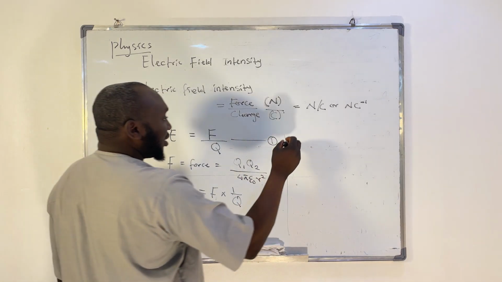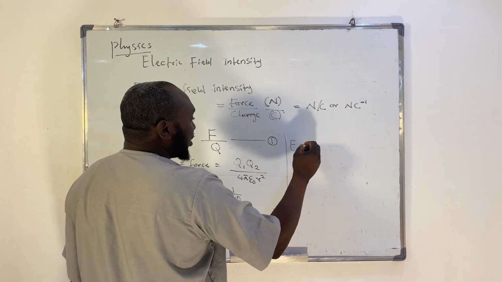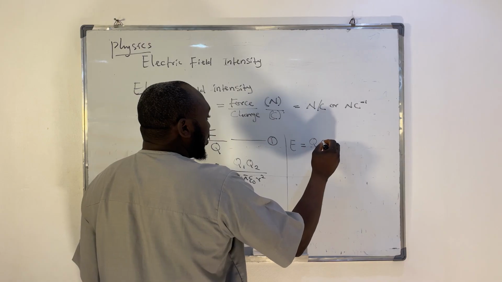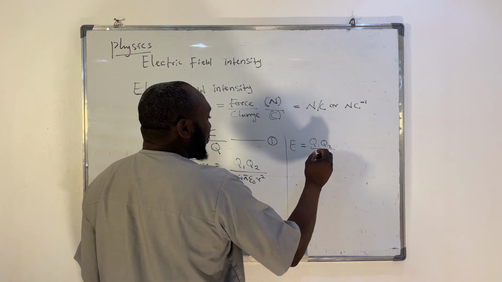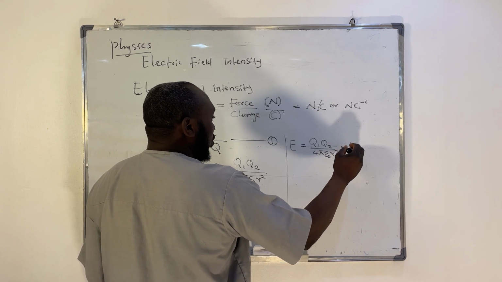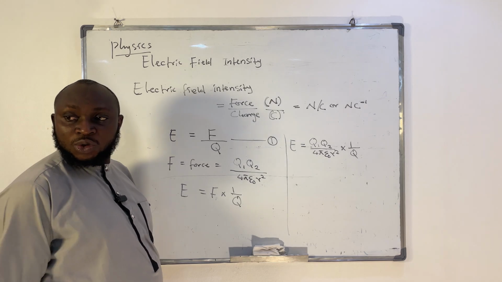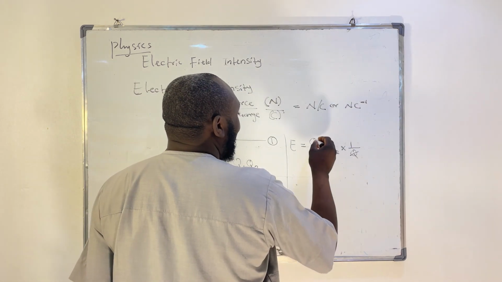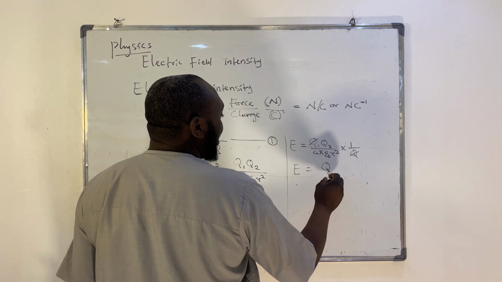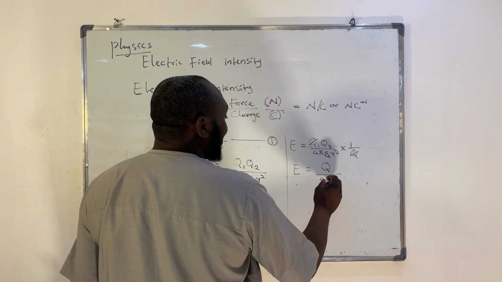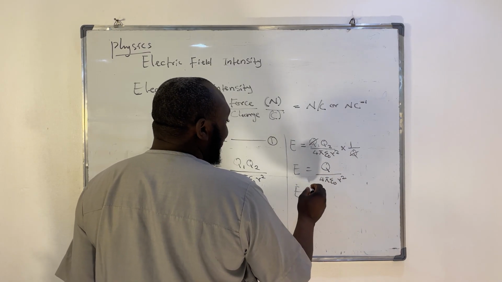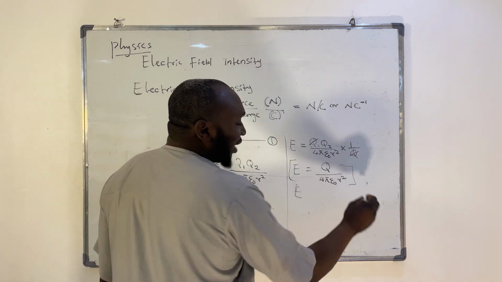It will give us E equals Q1 Q2 over 4 pi epsilon naught r squared times 1 over Q. So this Q can cancel one of the charges, and E is equal to Q over 4 pi epsilon naught r squared. This is the formula for electric field intensity.